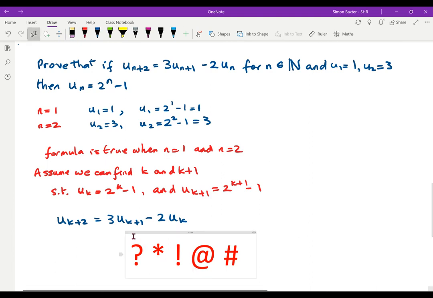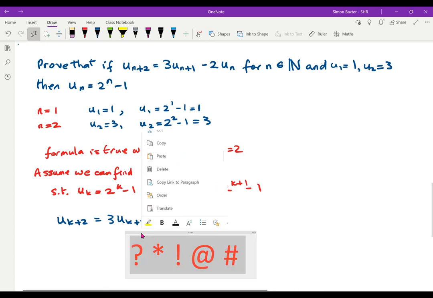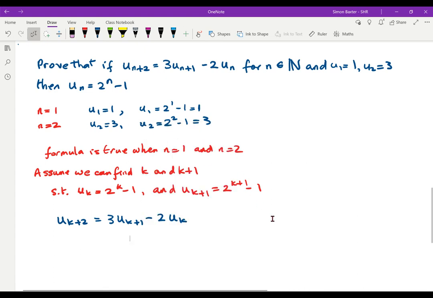Okay, let's get rid of this little bit down here, we hope. And we are back to a clean page. Your book, if you look in your book, with this particular example, they will tell you to start with n equals 1, n equals 2, and n equals 3. That is more than you need.